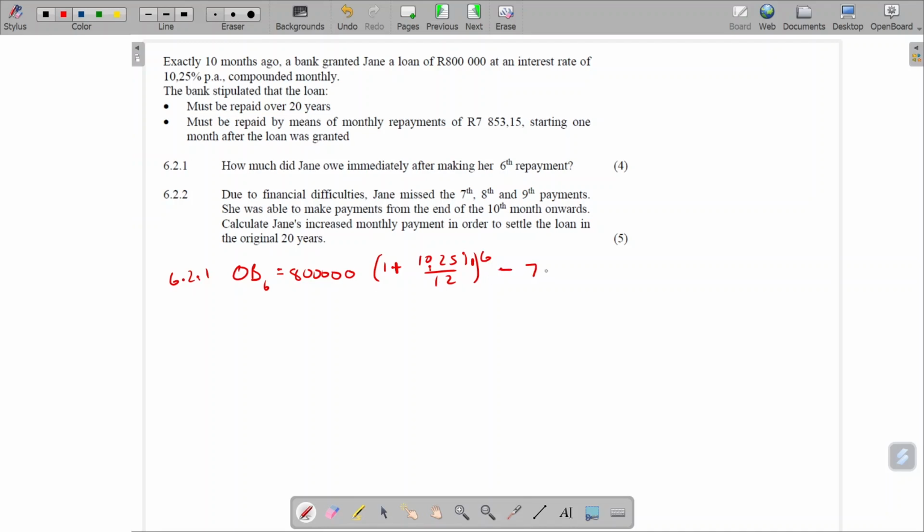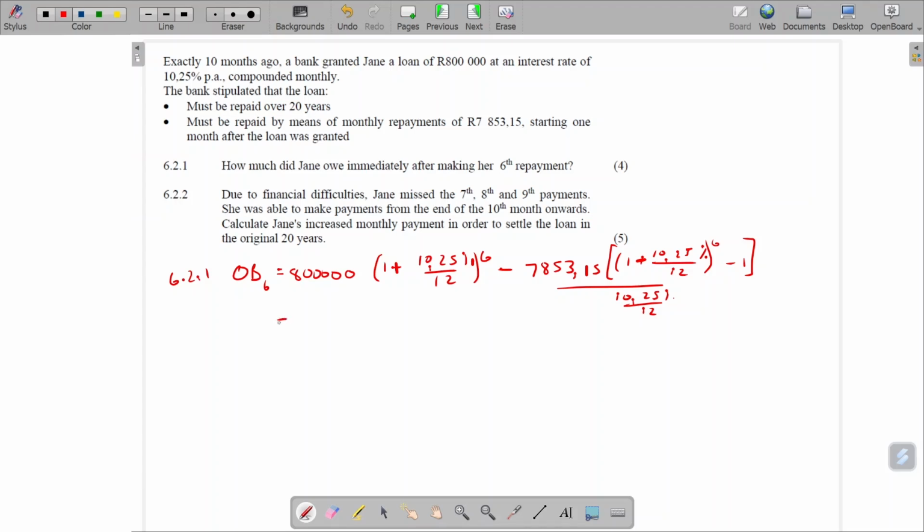She's repaying 7,853 Rand 15 cents times the future value formula, so it's 1 plus 10.25% over 12 to the power of 6 minus 1 all over 10.25% over 12. So again, we can do the sum as two separate pieces.